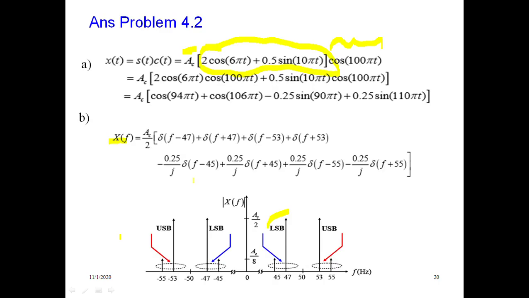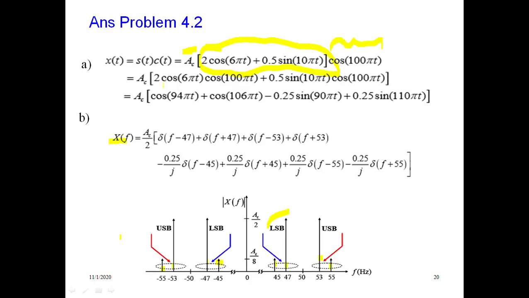Here, we have 1, 2, 3, 4, 5, 6, 7, and 8. The amplitude of this one is 1 over 2, and the small one is 1 over 8. So there are 2 of 1 over 2. Actually, there are 4, right? 1, 2, 3, 4.